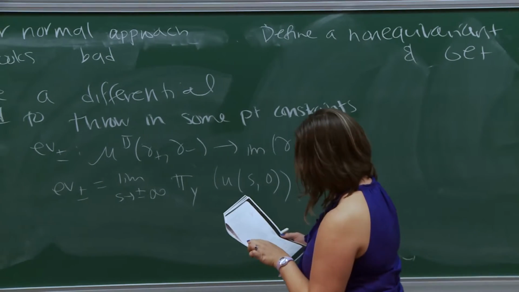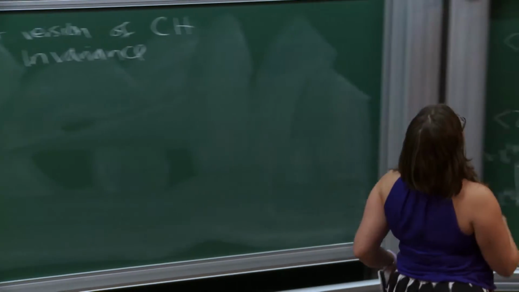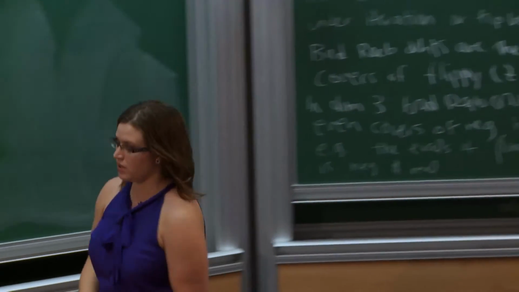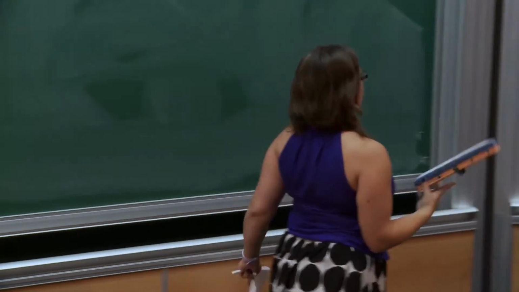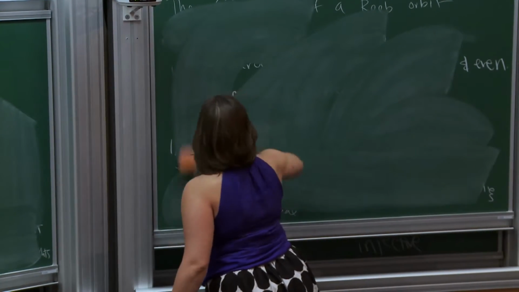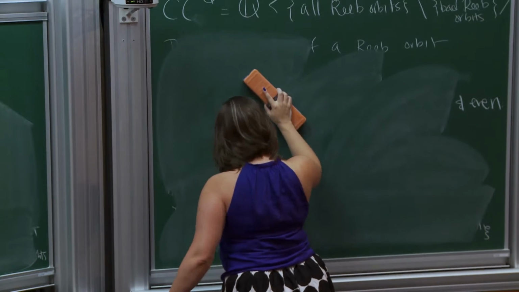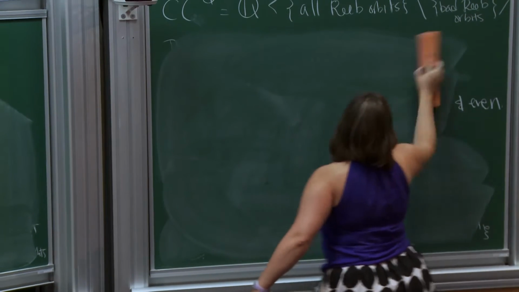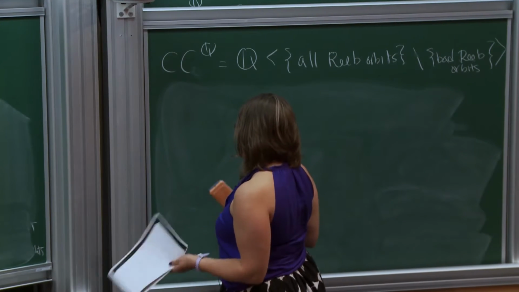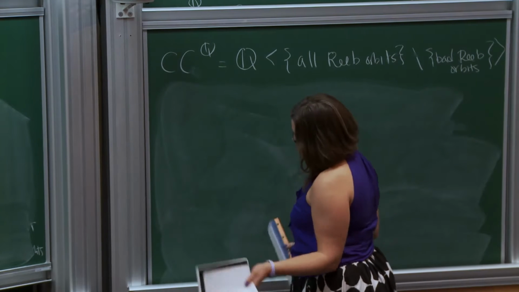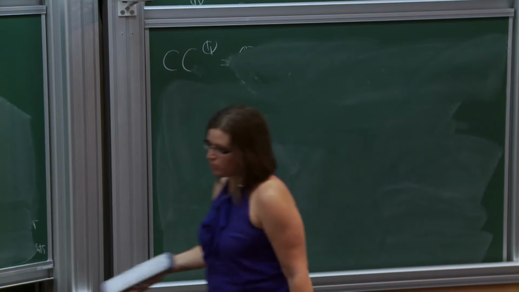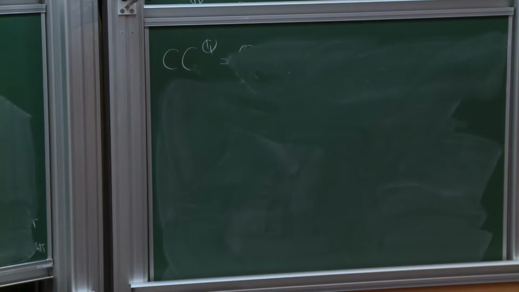And what do I want to say? Okay, and then my chain complex, I no longer have to throw out all these bad Reeb orbits, but I am going to have twice the number of Reeb orbits in it as before. You can think of this as a Morse-Bott version, where your Morse-Bott manifolds are your Reeb orbits, and you put a height function on S1, which gives you two critical points, one with index 0 and one with index 1.